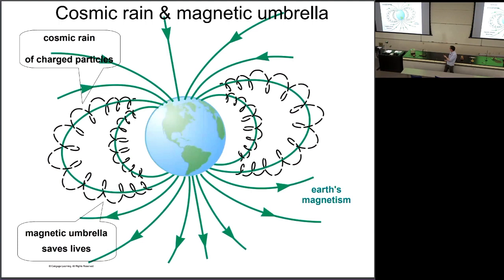I drew a few of them here. Where they're tied up depends on the particular charge to mass ratio and the particular speed of that cosmic ray, but they're all stuck above the surface of the Earth, wrapping around the field lines. And so that's really the magnetic umbrella that saves us from this cosmic rain.